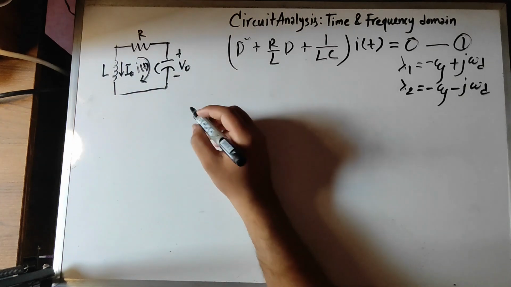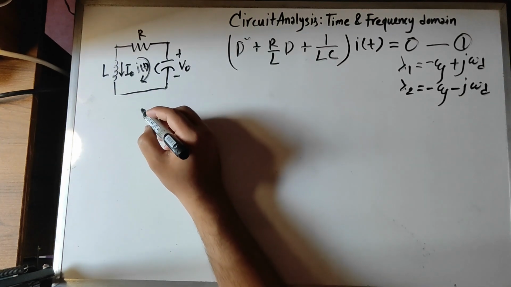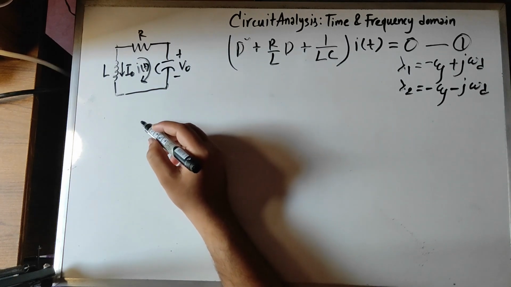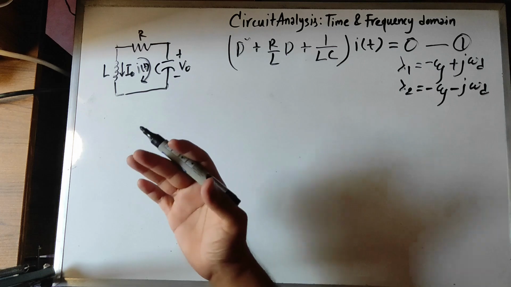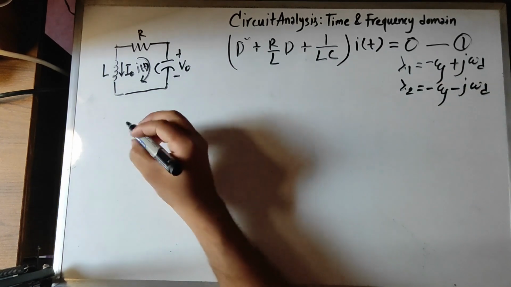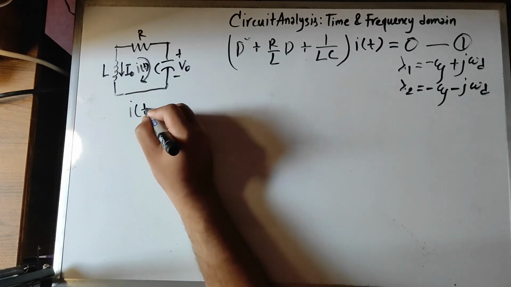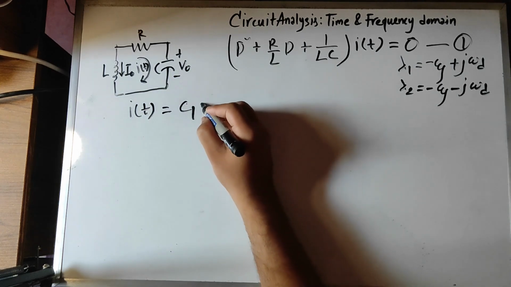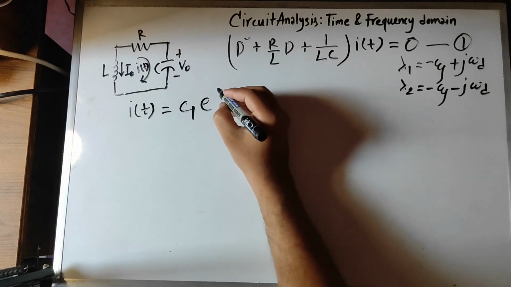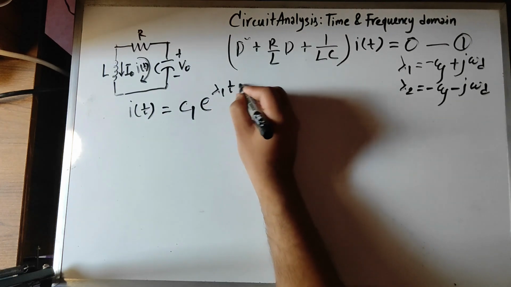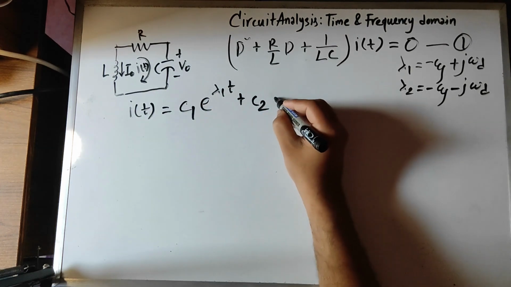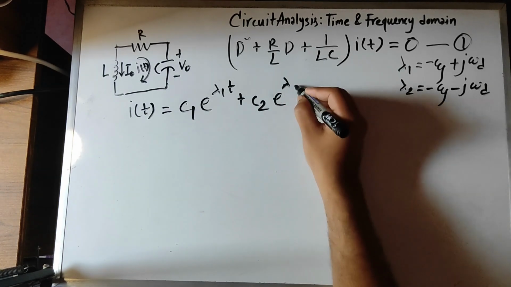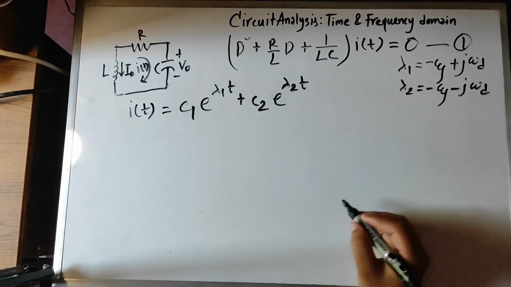Now we are going to find the transient response of this RLC circuit, or the solution for this differential equation. It is, with arbitrary constant c1, exponential lambda 1 t plus c2 exponential lambda 2 t.